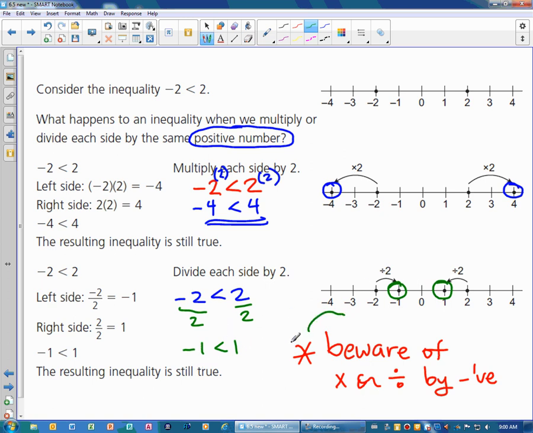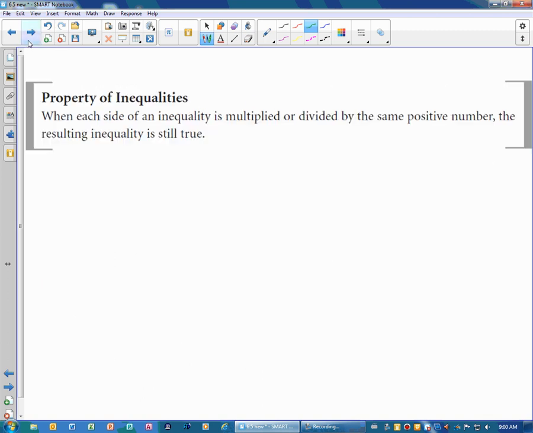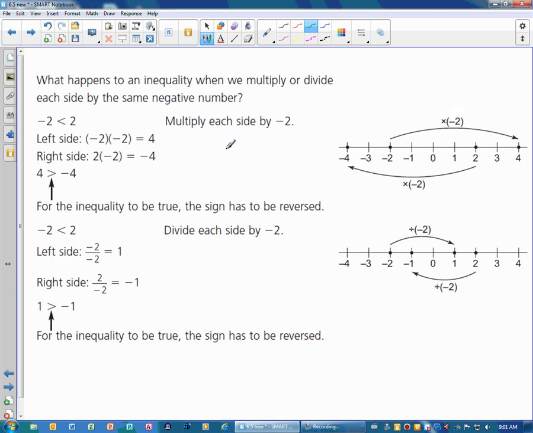Remember the rule is if we're dividing or multiplying by a negative; these were both positives. So if we're multiplying or dividing by a positive, nothing changes. And that's what this says. It says when each side of an inequality is multiplied or divided by the same positive number, the resulting inequality is still true. So multiplying or dividing by a positive, nothing to worry about.